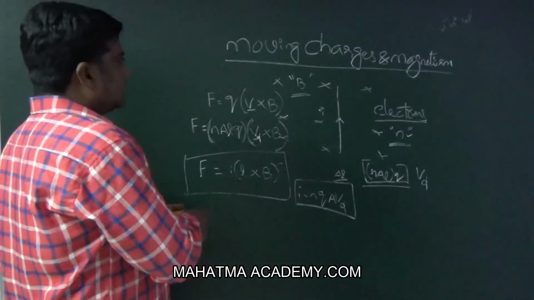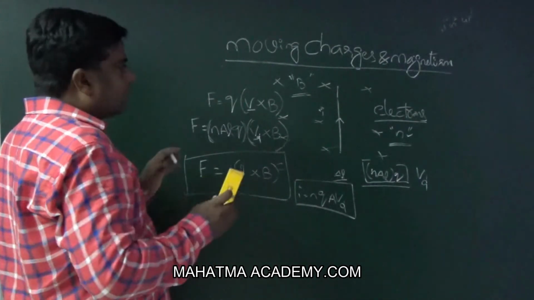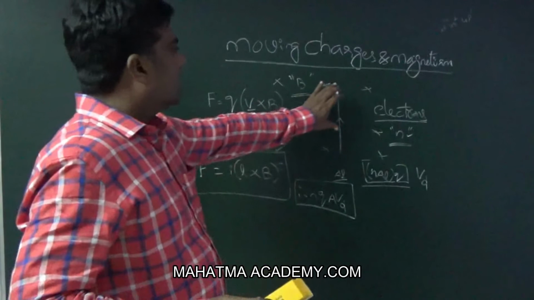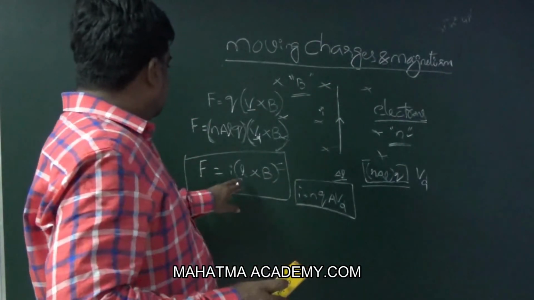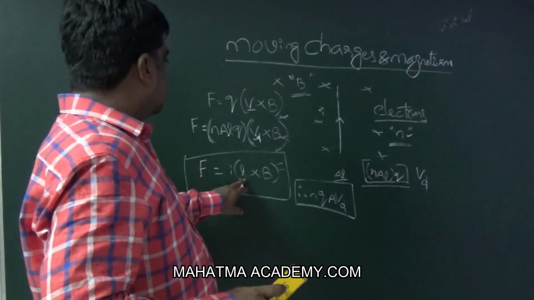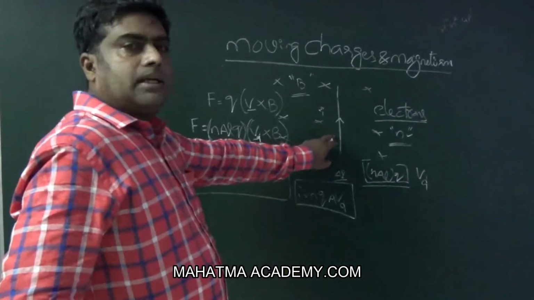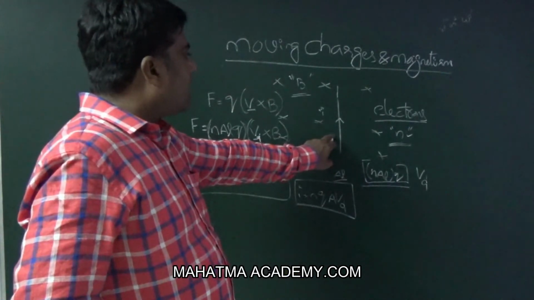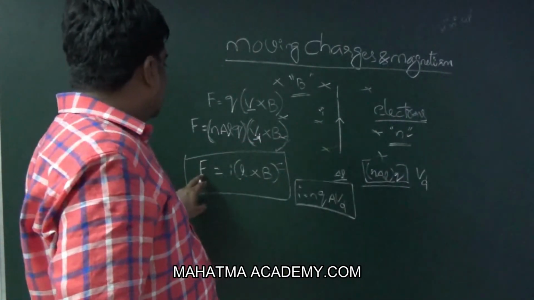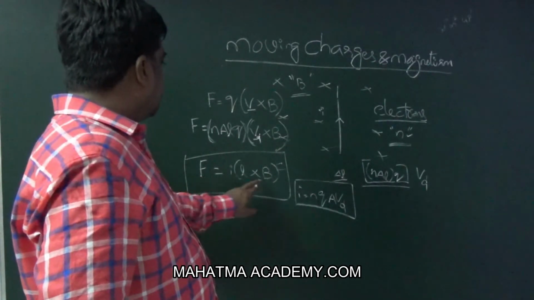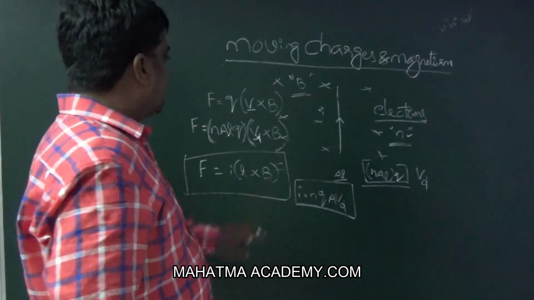Now let us discuss how the shape of the conductor matters. This is a straight conductor. We can find the force if the length is given. Suppose the shape is arbitrary. How do we find the magnetic force if it is kept in the magnetic field?